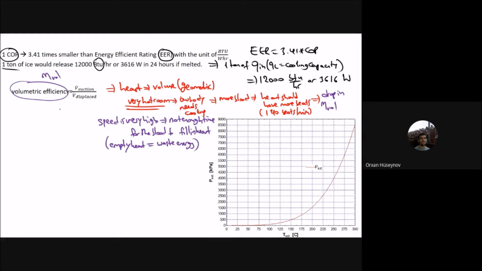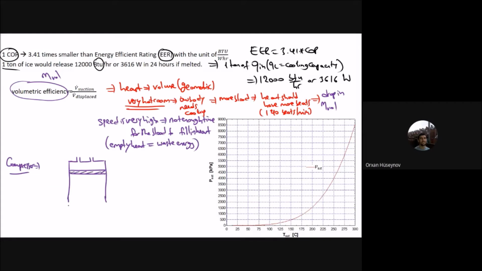A similar thing happens in the compressor. Let me give you the compressor here. If it is a piston cylinder device, say that this is the compressor and you have some inlet, some outlet, and some piston here.